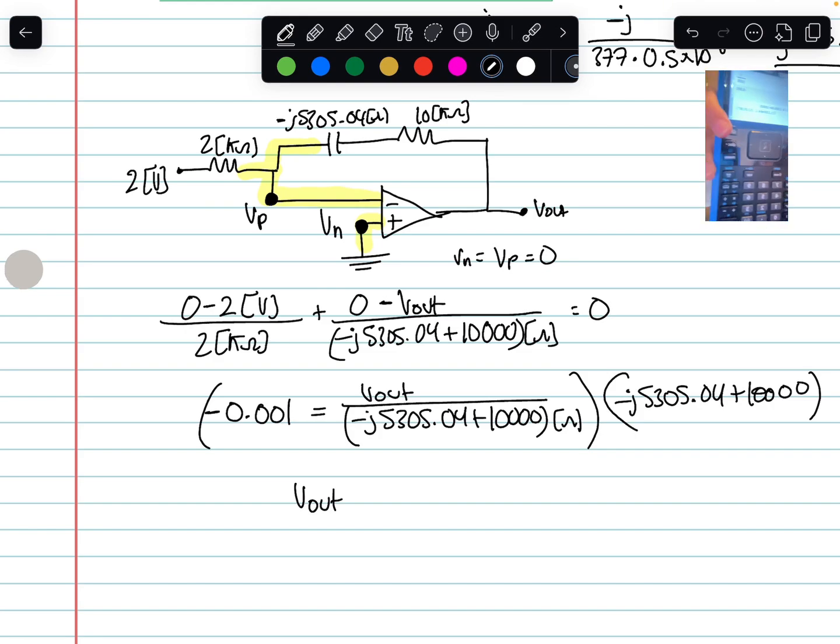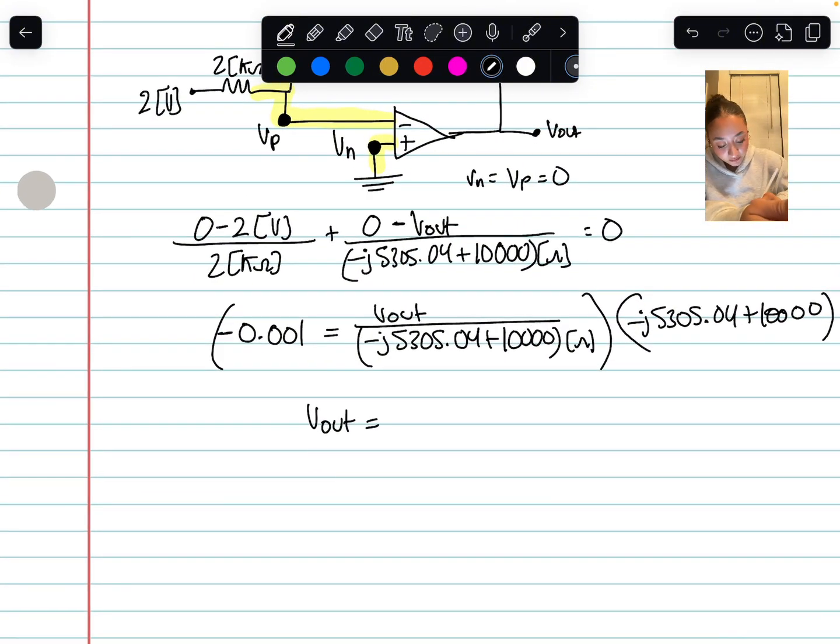If you get your answer in rectangular form but want to change it to polar form, go to menu, click on number, and then go to complex number tools all the way at the bottom. Depending on what you want, if you want to convert to polar, you press 6. If you want to convert to rectangular, you press 7. But your final answer should be in polar, so you can get your angle.